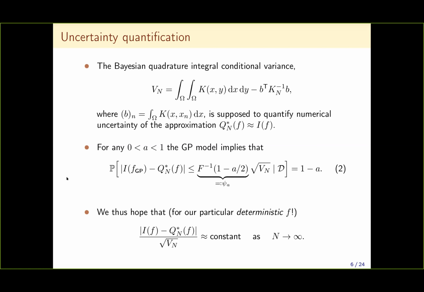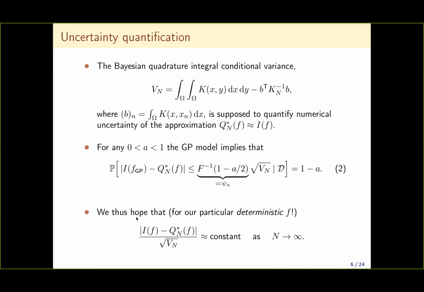Therefore, if our answer to the uncertainty quantification by means of the conditional variance is to be meaningful, we'd expect this ratio to be constant as we increase the number of points. It's very difficult to say anything about a finite number of points.